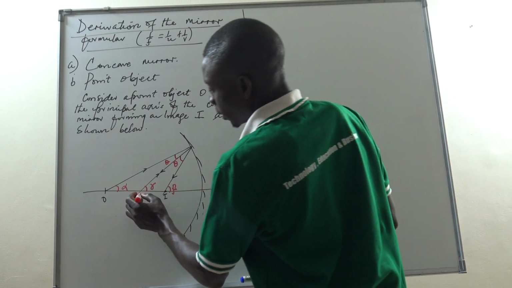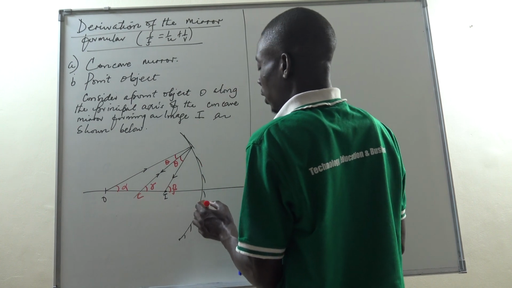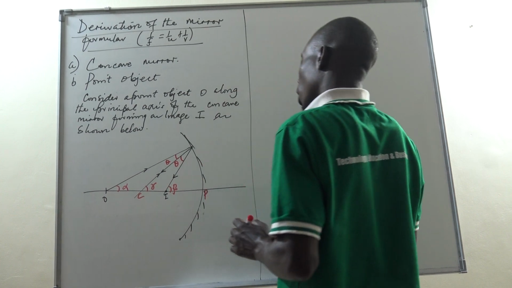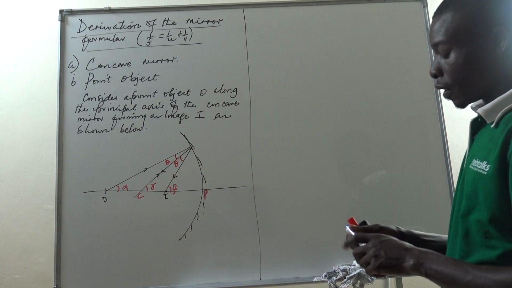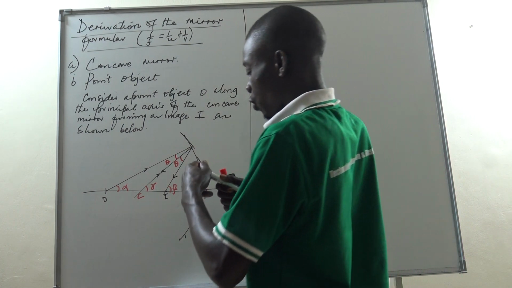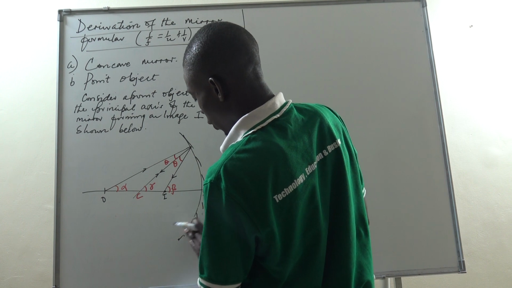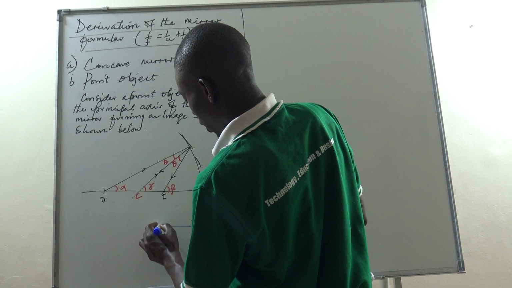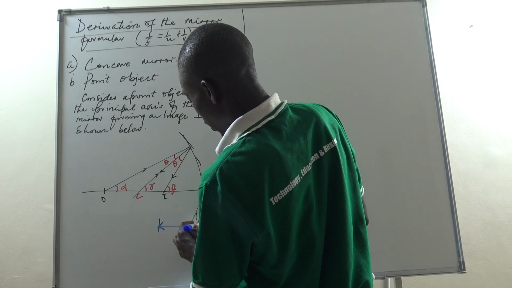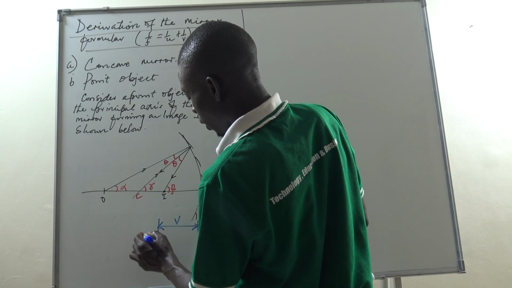And then this is the center of curvature, and this is the pole. And then I can have this as the image distance v.